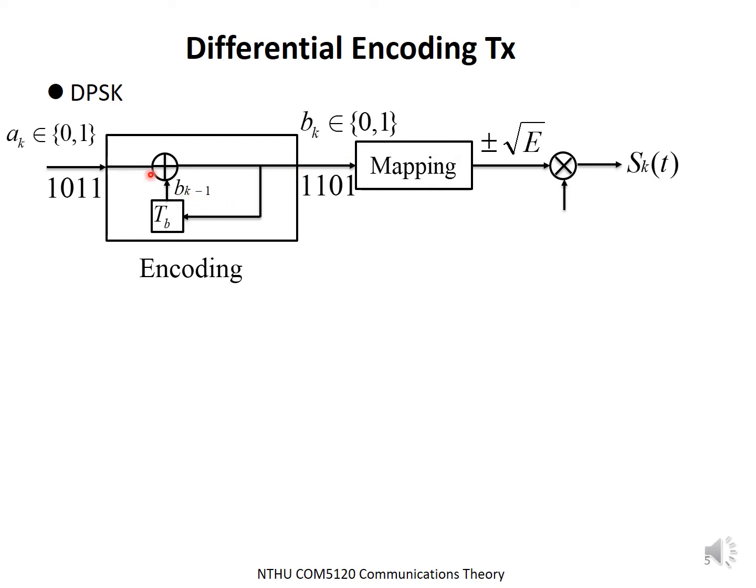So by taking the exclusive-OR of the input AK and the previous BK minus 1, we produce BK. BK is also binary, but it is the differential encoding of the input.